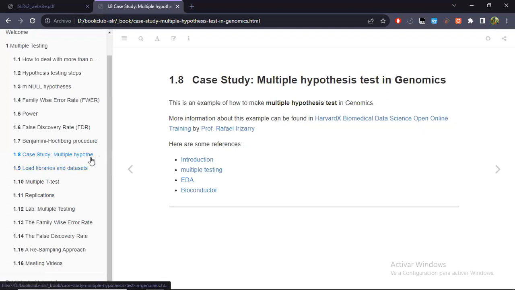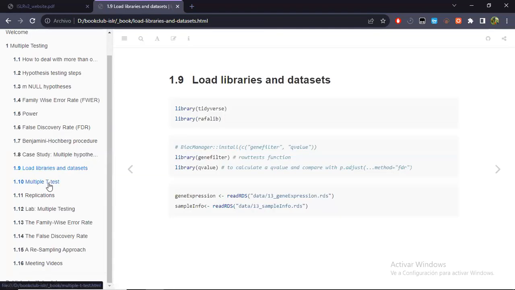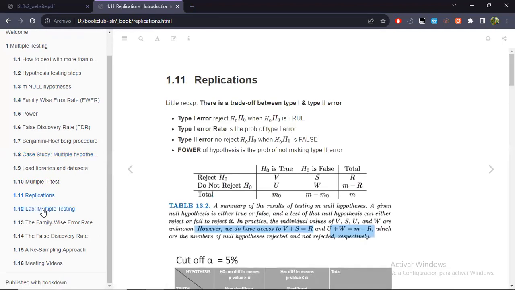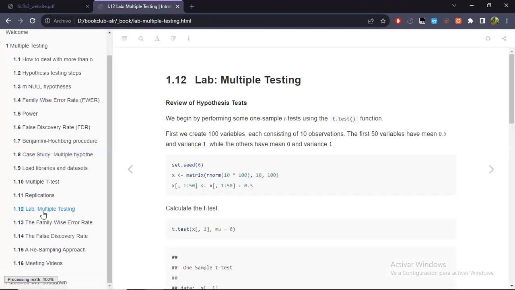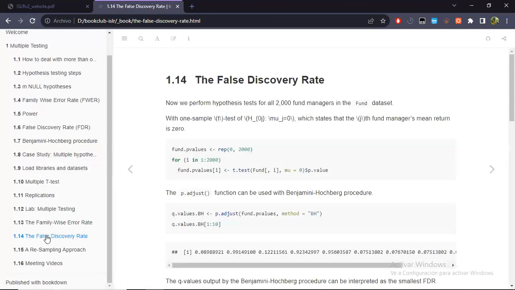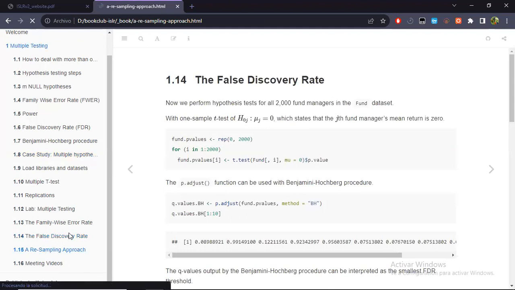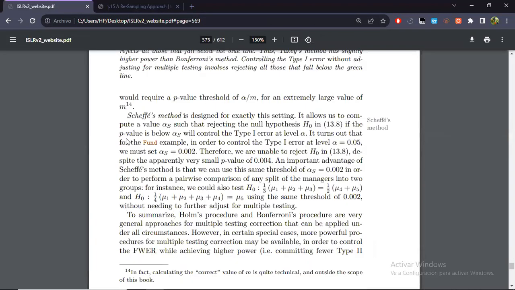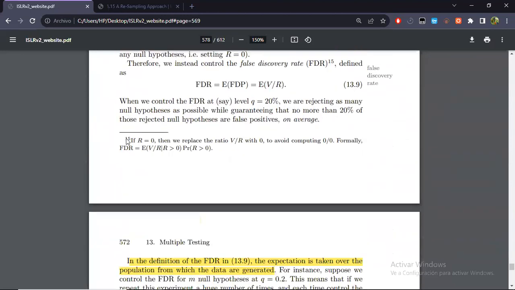Okay. Well, as I was saying, what follows in this part is really just the R application of what we have already been seeing, so I'm going to skip it because we usually don't cover the lab. Well, what follows is a resampling approach, but I wanted to cover that part in the next meeting, because the next meeting is going to be the last one.